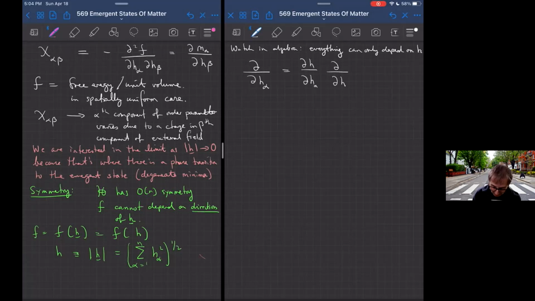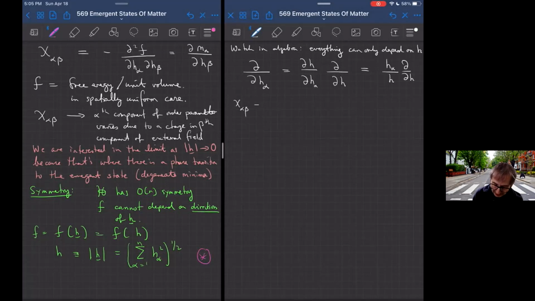And I know what h is because it's defined like this, and so I can compute what this is. And dh/dH_alpha is just H_alpha over h itself, times d/dh. Okay.